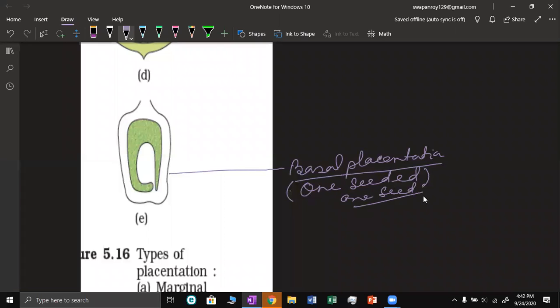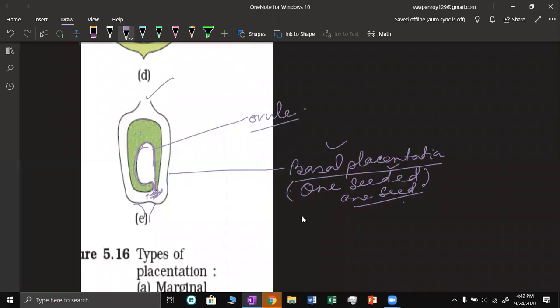And this seed, that is the ovule, is attached at the base of the ovary. This is the ovary, this is the tip of the ovary, and this is the base of the ovary. This white portion is the ovule, not the green part, and here is its stalk. This stalk is attached to the base of the ovary wall. So this is known as basal placentation.